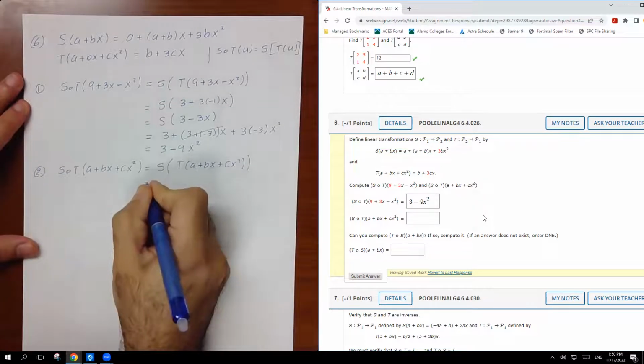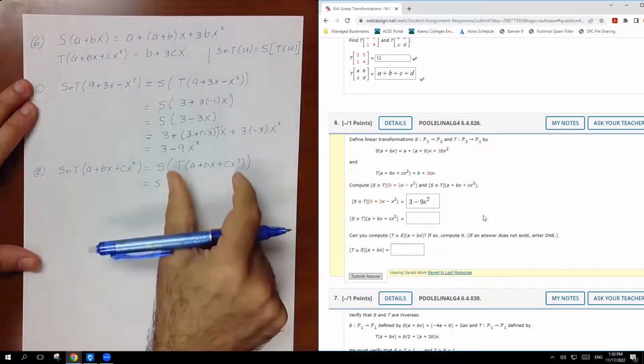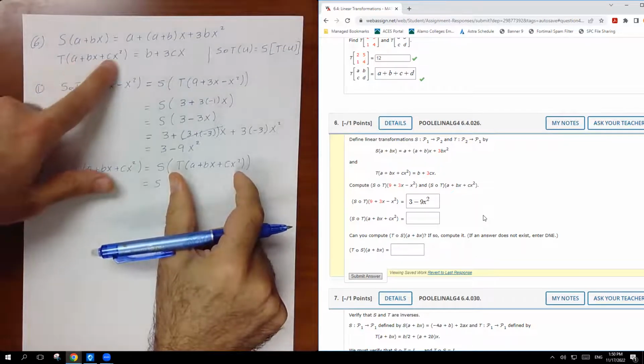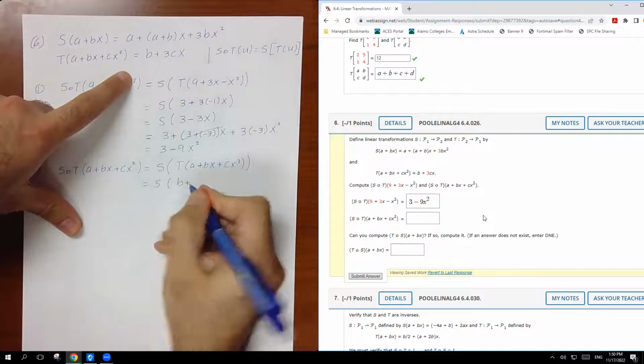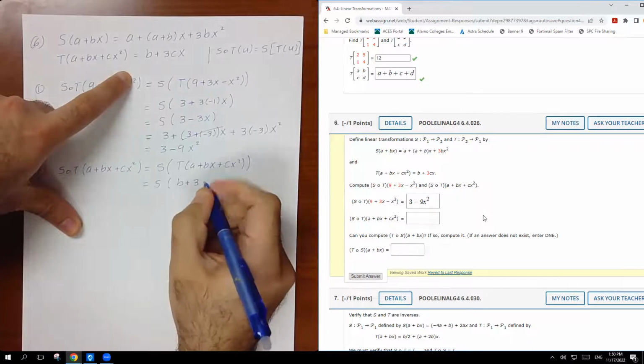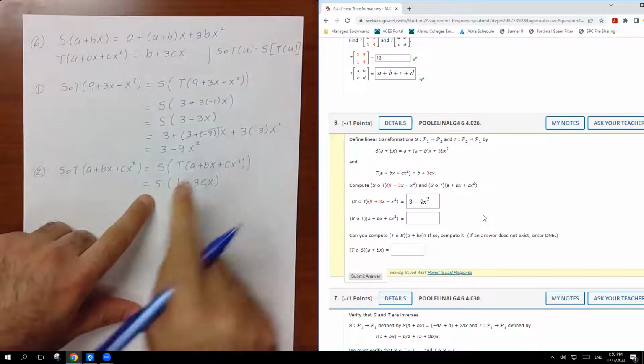Then this one is going to be S of the transformation for this one, which is B plus 3CX.